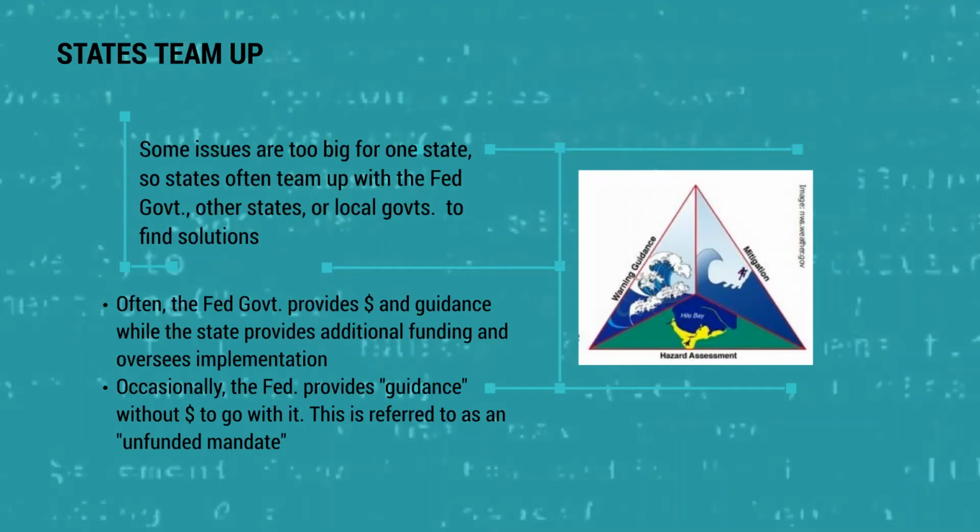Sometimes, though, the federal government will provide guidance with no money. Okay, and so that is referred to as an unfunded mandate. One of the more famous ones that's been around in your lifetime was No Child Left Behind from the Bush administration, that had a lot of stipulations about schools and testing scores and things like that.